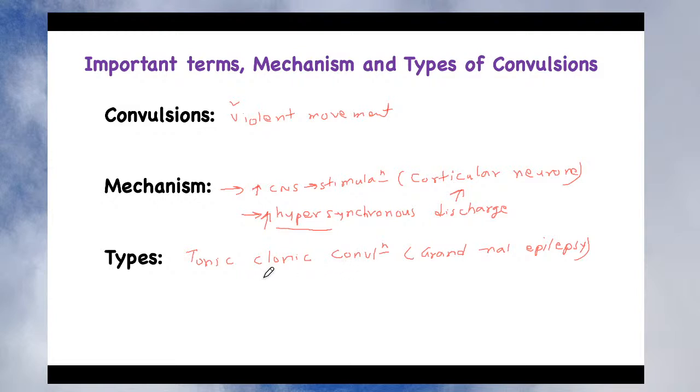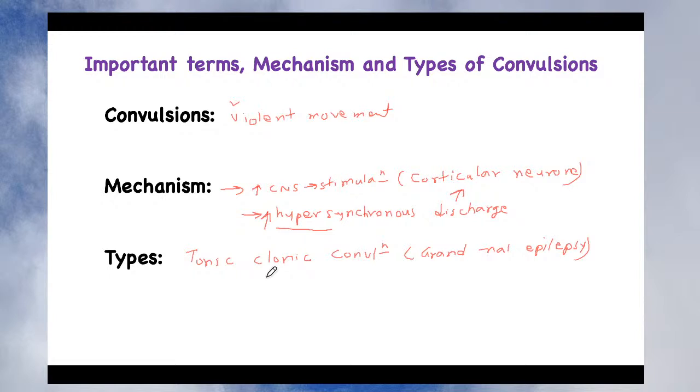It is characterized by sudden loss of consciousness. The first important symptom seen in the patient is loss of consciousness, followed by generalized tonic and clonic convulsive movement. You can see the characteristic movement of the muscles in that patient.